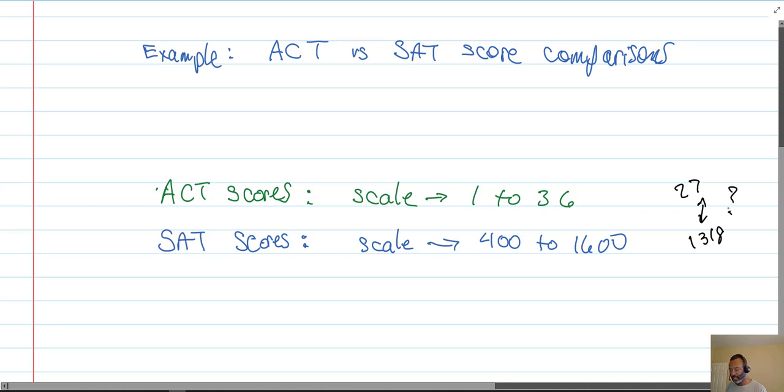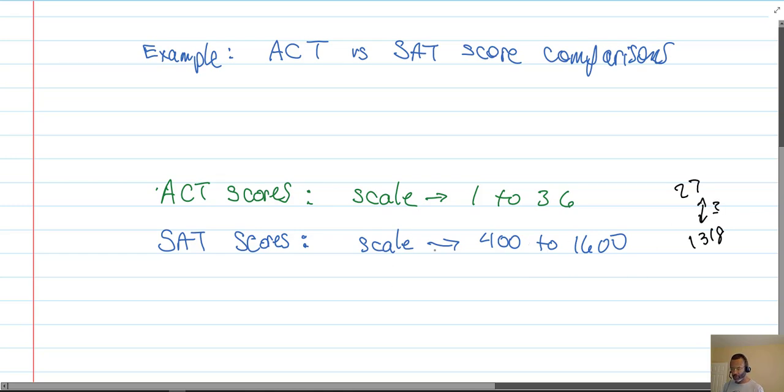Just looking at the numbers is not enough, and you can't divide, for example, 1300 by 1600, because that is not the entire range. You can't just divide 18 by 1600. Had this been 0 to 1600, that would have been a possibility. So we need a way of comparing scores.